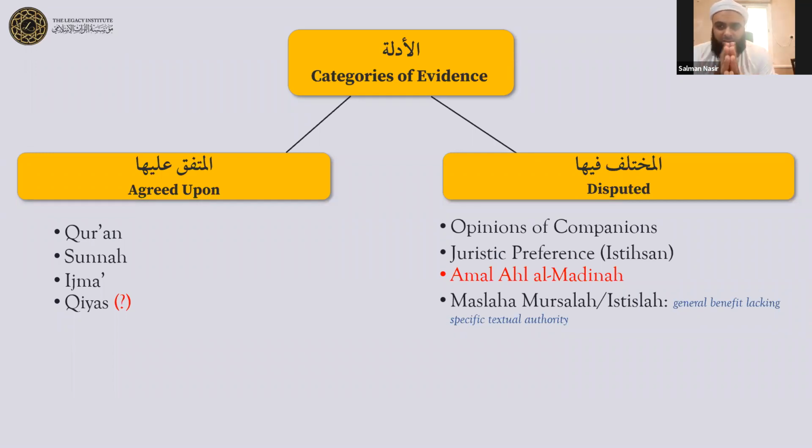And so he surveys the usage of istihsan across the issues of Kitab al-Asl. He gathers together the places where istihsan has been used and analyzes what exactly is going on here.